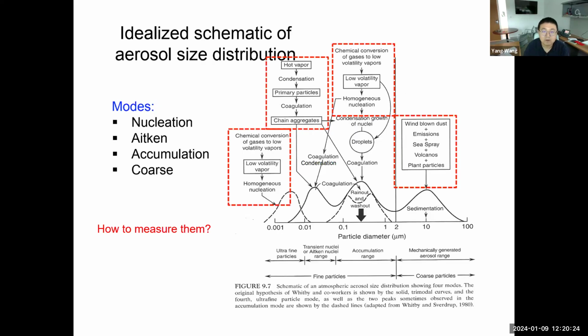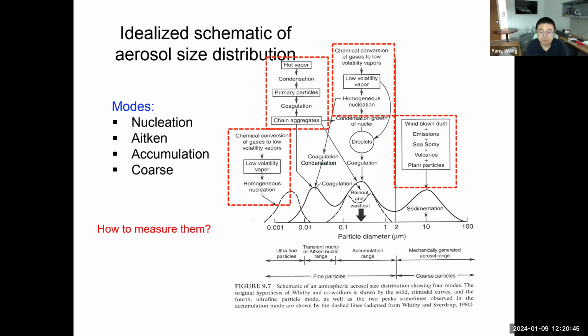So first, about the size distributions. If you have gone through Dr. Pratim Biswas's tutorial session, you will know that the size distribution is one of the most important parameters if we want to understand the aerosol processes or the role aerosols play in our Earth's climate or health systems, right?